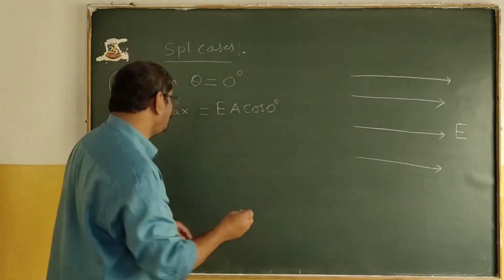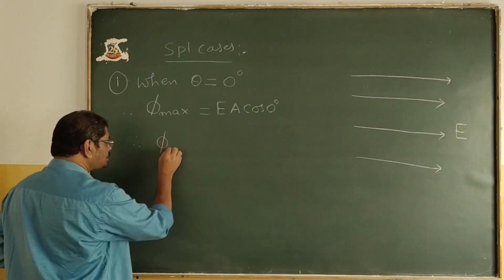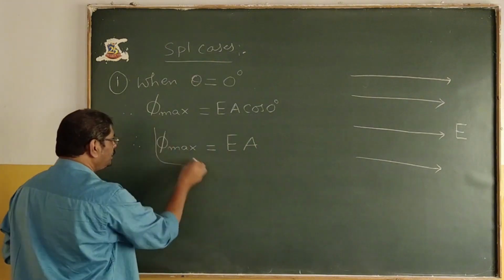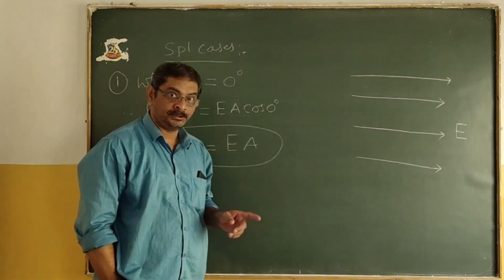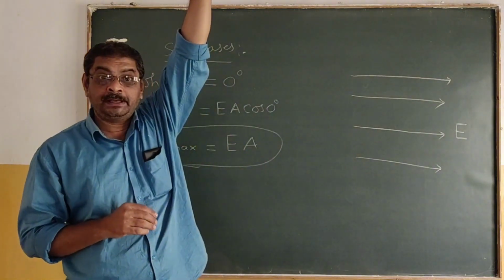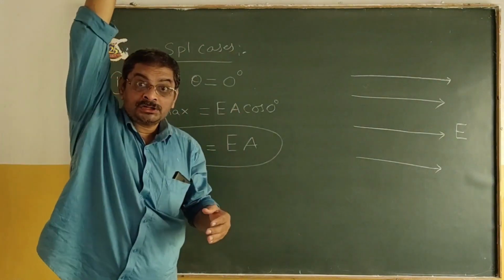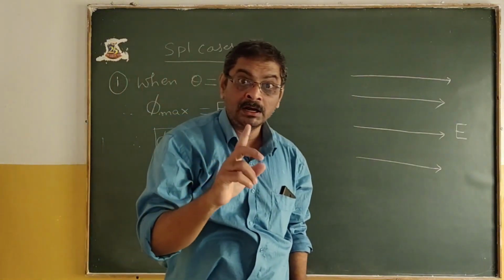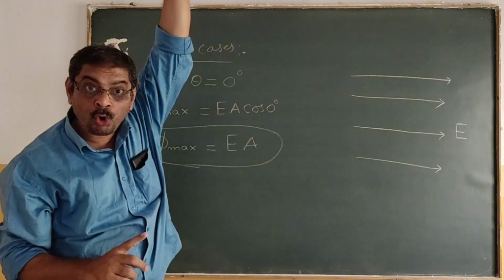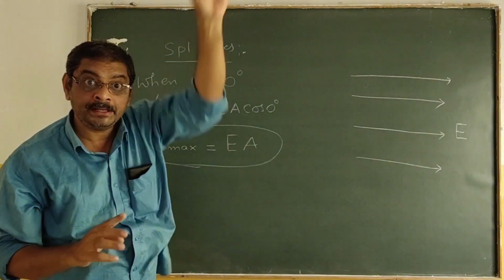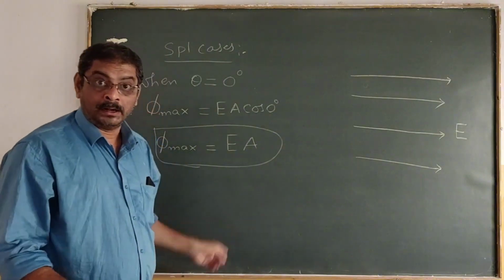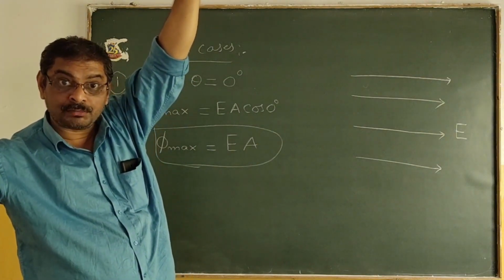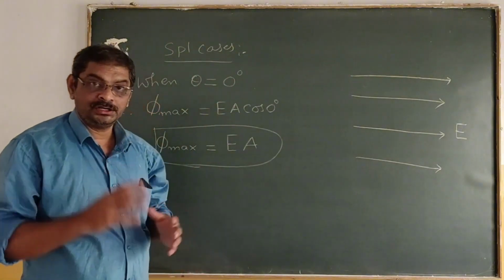Cos 0 is equal to 1, so the maximum electric flux will be E into A. Whenever the angle theta is equal to 0 degree, cos 0 degree is numerically equal to 1, and that is why the electric flux becomes maximum, numerically equal to EA.